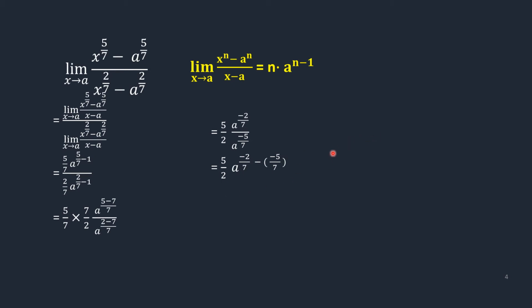So according to this rule, we can write 5 by 2 a to the power minus 2 upon 7 minus of minus 5 upon 7, which next becomes 5 by 2 a to the power minus 2 over 7 plus 5 over 7, which later becomes 5 by 2 times a to the power 3 upon 7, and this is the answer.